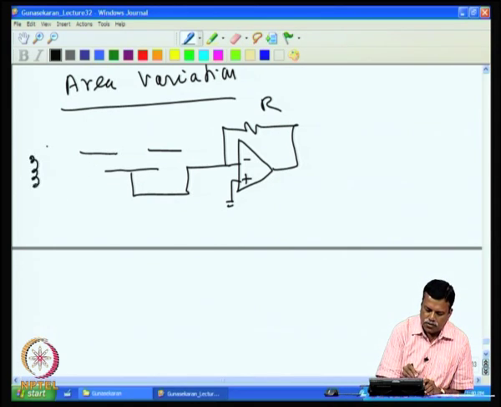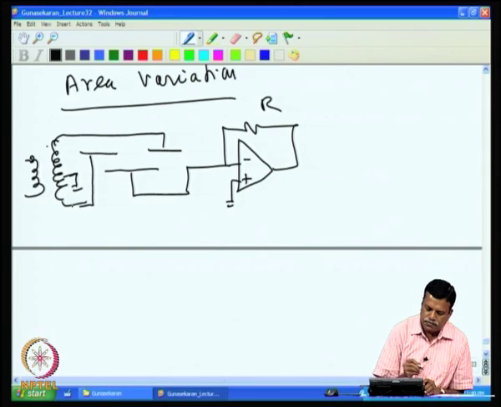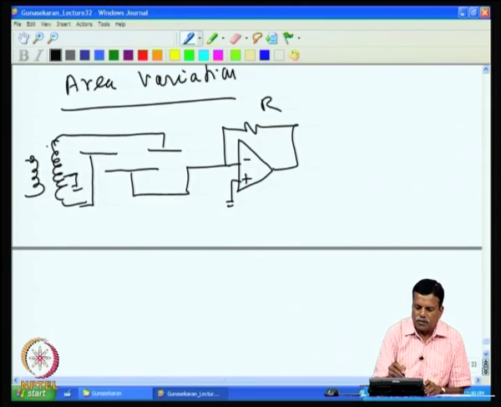We will connect to two sources, that is, I can connect a center tap here and then connect one to this, then another to this. Now, this is the moving plate, and this is the displacement d that is moving.